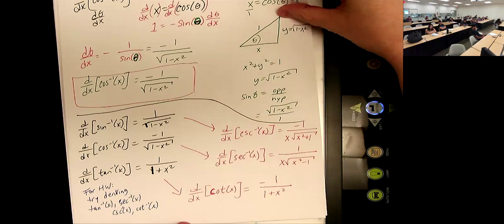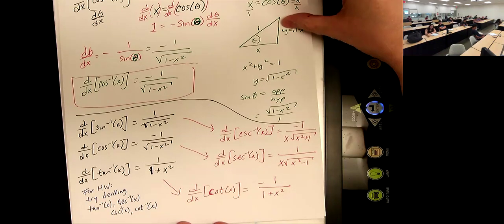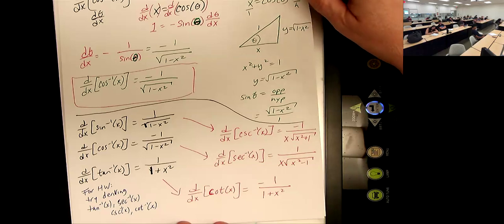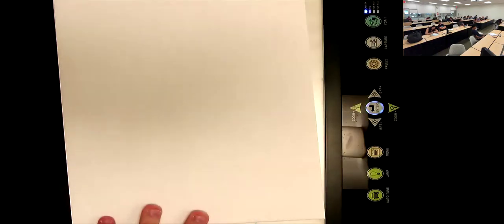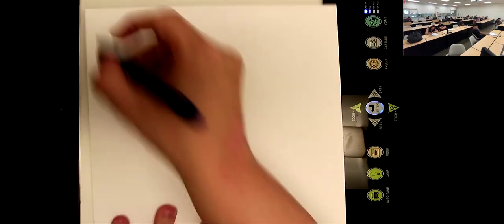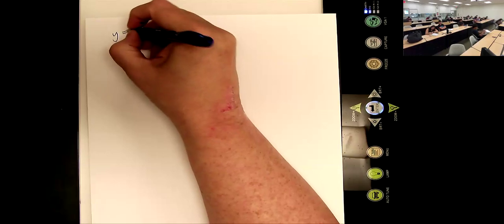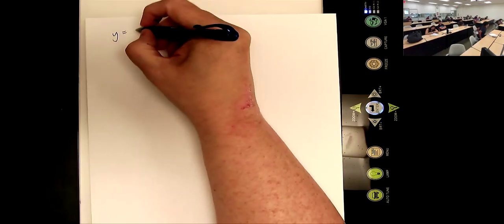Alright, you guys ready for some more problems? Couple examples where we don't have a simple x on the inside. So let's do y equals sine inverse of 1 - t.